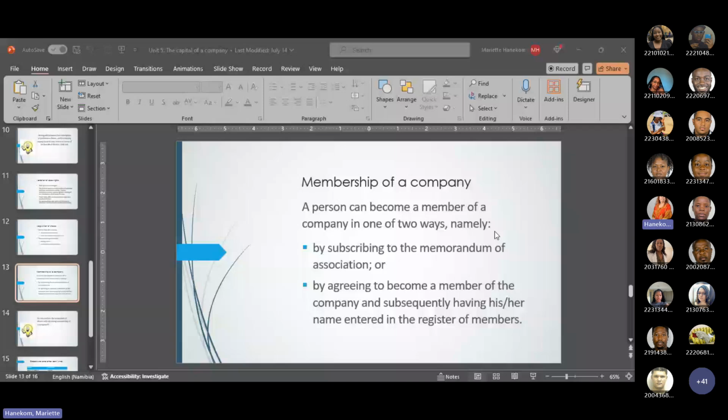In a company with a shareholding, you cannot be a shareholder without also being a member, and you cannot be a member without also being a shareholder. But there are two types of companies. What is the other main type of company?